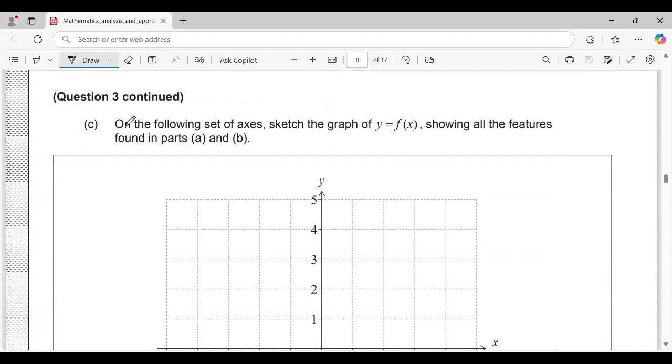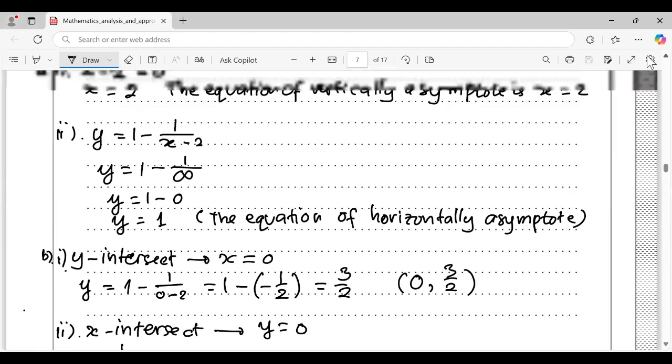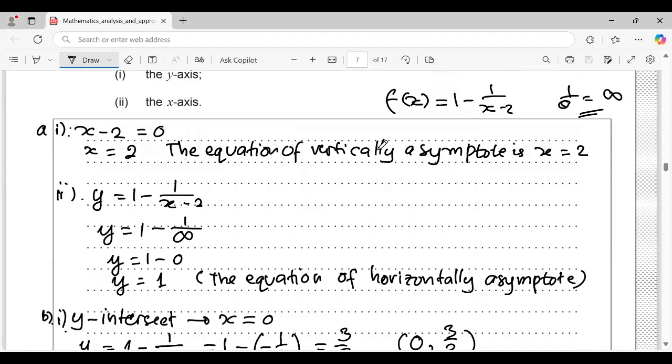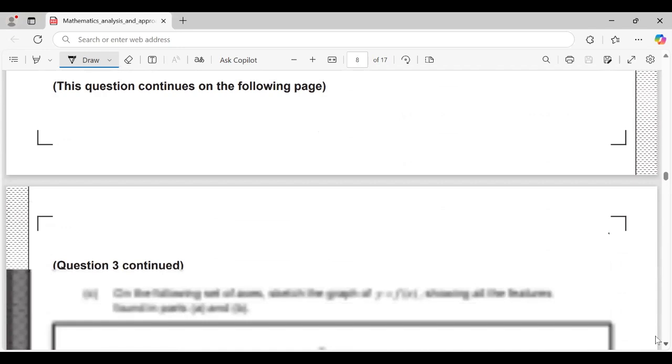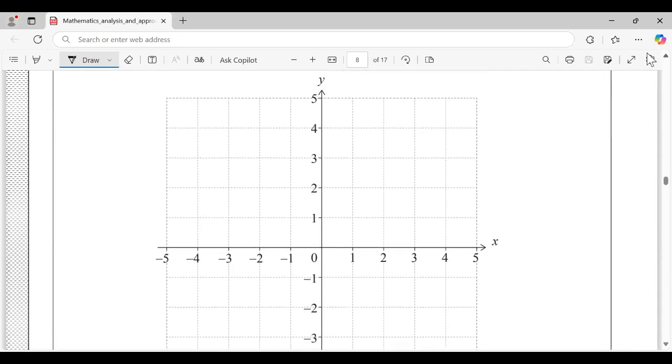Next question. On the following set of axes, sketch the graph of y equals f(x), showing all the features found in part A and part B. So we need to find first the horizontal asymptote and the vertical asymptote. The vertical asymptote is x equals 2, and the horizontal asymptote is y equals 1.